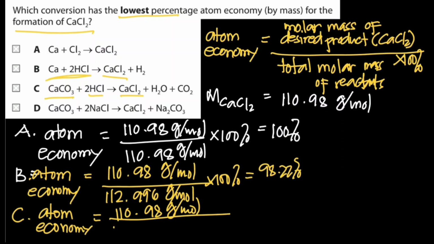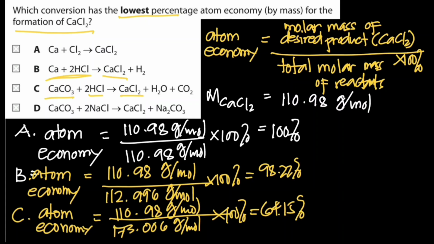And that is just equal to 173.006 grams per mole times 100%. That would give us 64.15%.